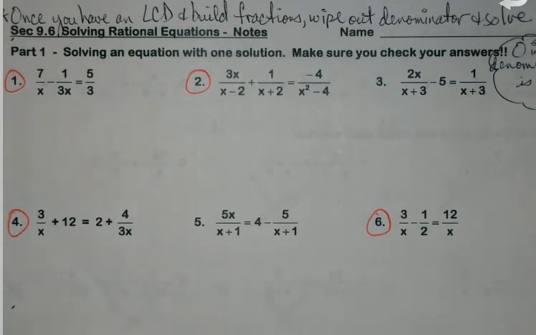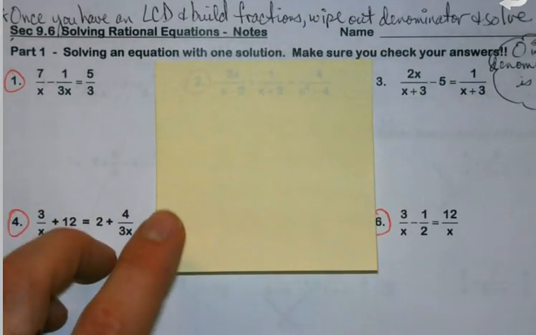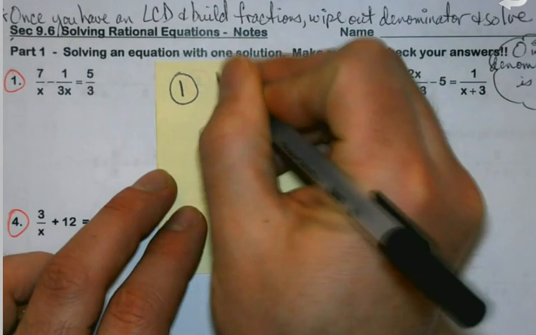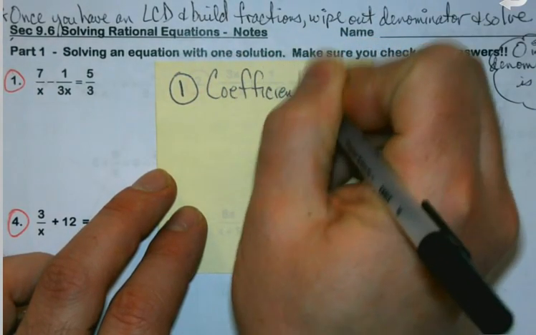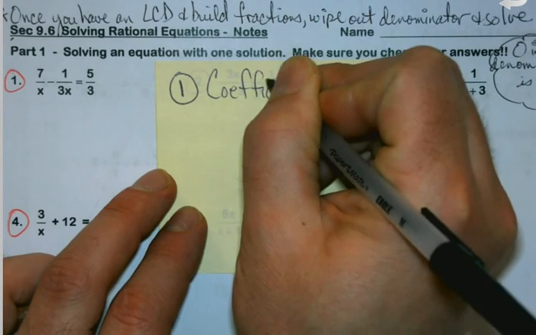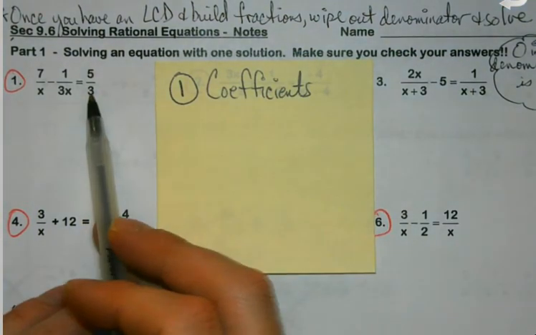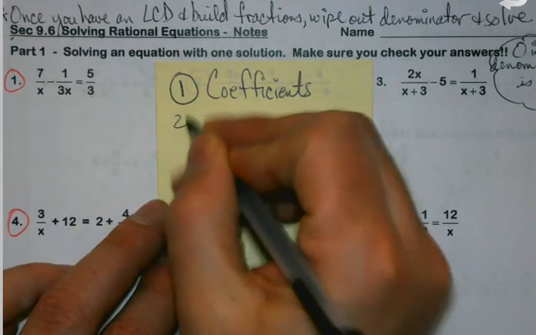Now, while some of you are jotting that down, I'm going to make one other thing just to kind of give you a mental reminder. When you're finding an LCD, because some of you are still getting bits and pieces of this, you're always looking at coefficients, numbers that aren't bonded with plus or minus first, to see if you have one of those that'll be part of your common denominator.